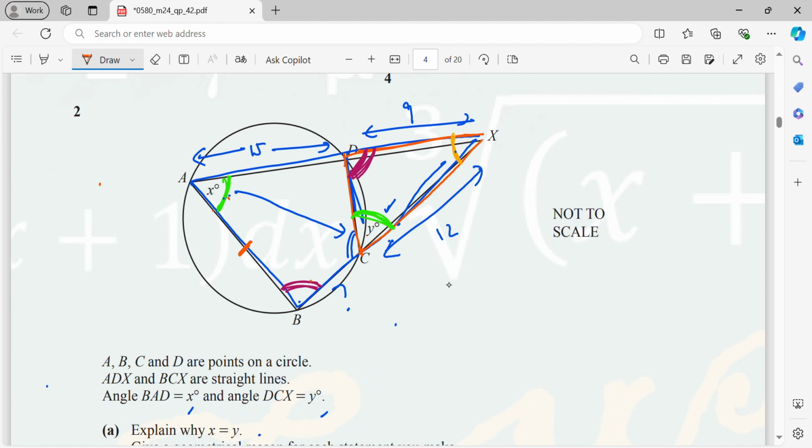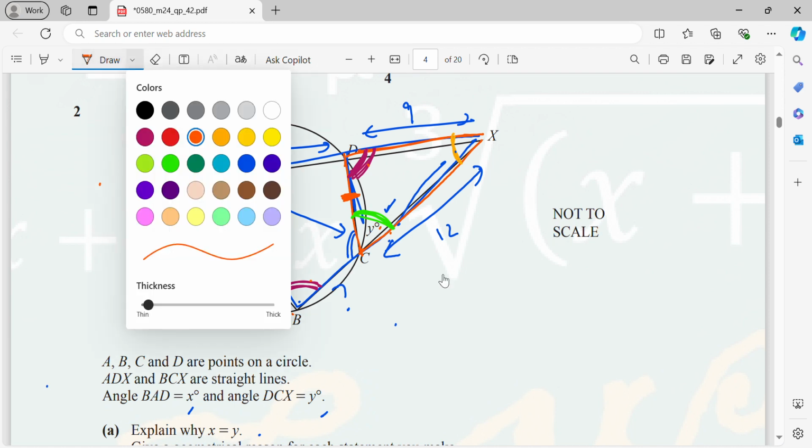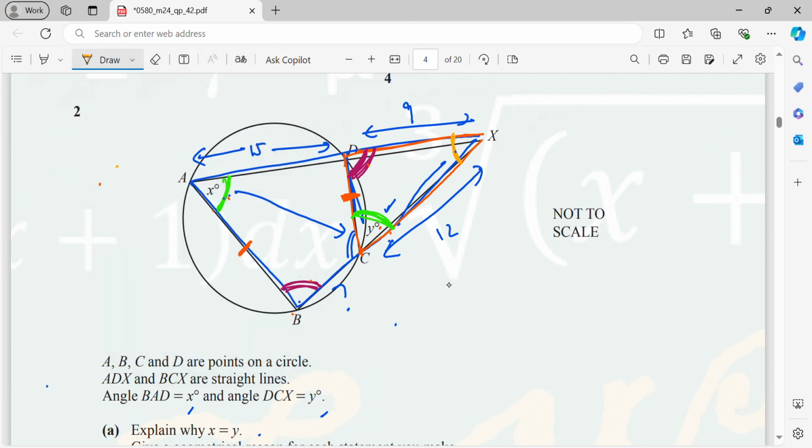That means when you refer to CDX, the side joining X, which now becomes Y, and the purple angle is DC. That means AB corresponds to DC. And at the same time, the angle or the length, right?